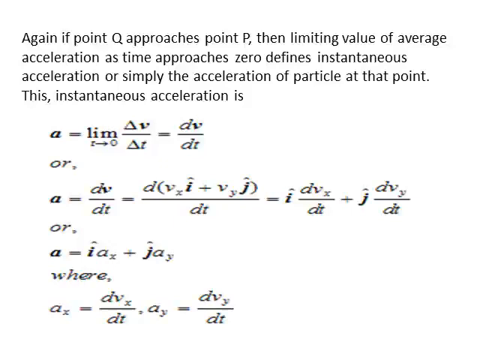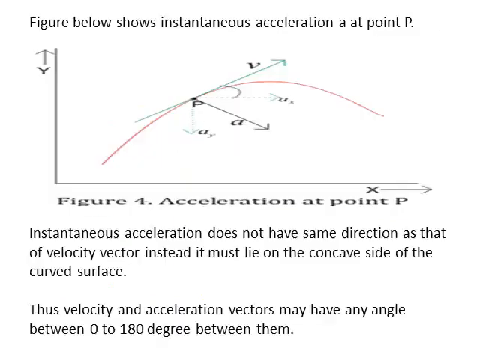So by putting the value of v in 2 dimensions, vx i plus vy j, you get i cap into dvx by dt plus j cap into dvy by dt, or you simply represent a equal to ax i plus ay j, where ax is equal to dvx by dt and ay is equal to dvy by dt.